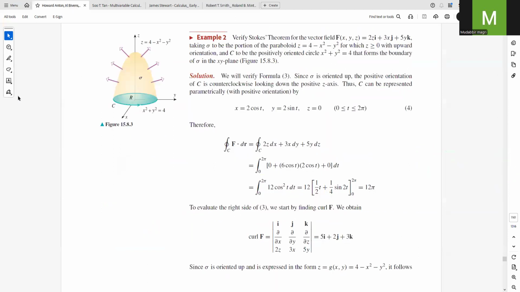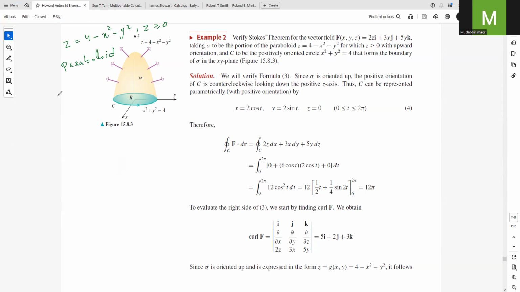Now consider this surface S here, represented by the equation z equals 4 minus x squared minus y squared, and we have discussed in the section on quadric surfaces that this is a paraboloid. One more thing here, we should write that z is greater than or equal to 0, which means that its boundary is sitting on the xy plane.